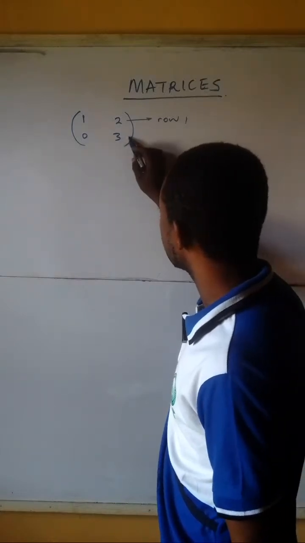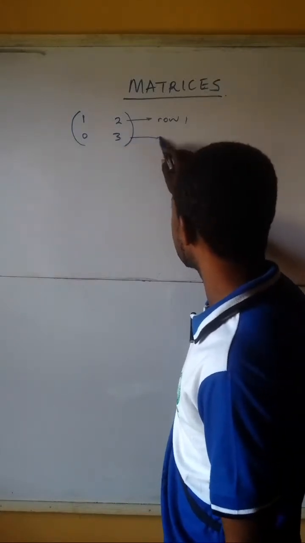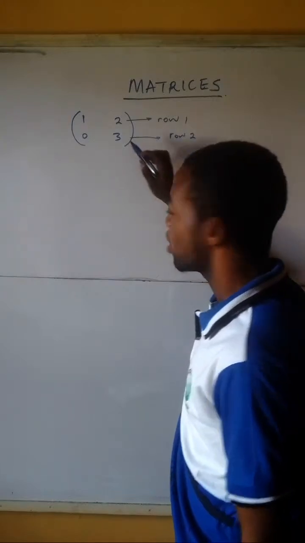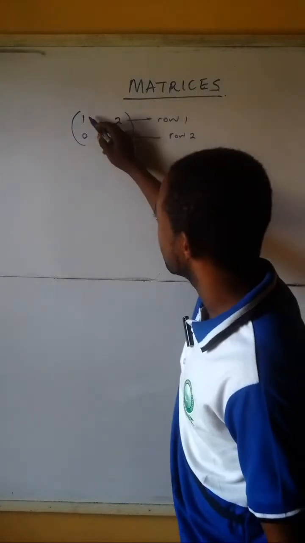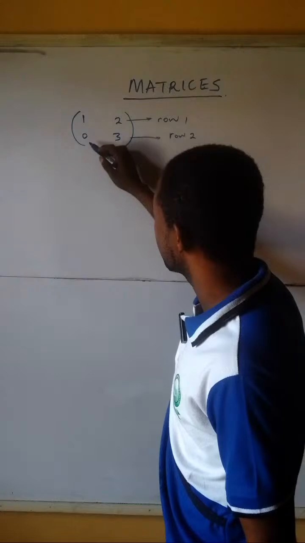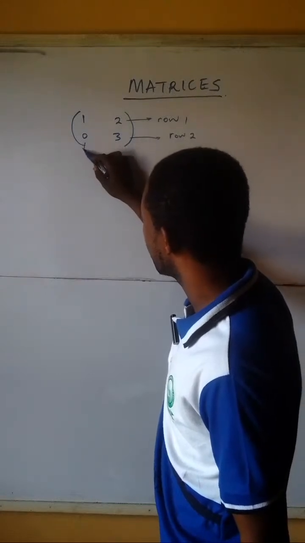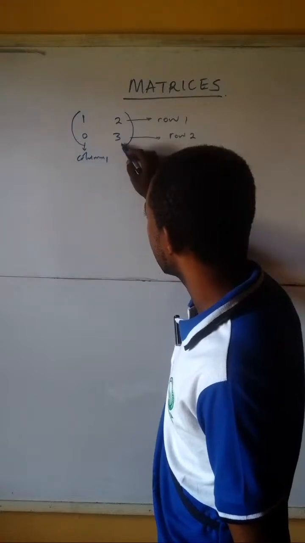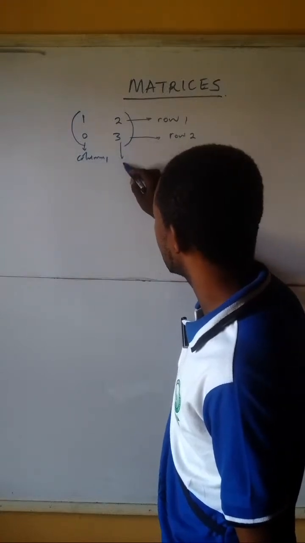Then we have 0 and 3 here as the number in row 2. Then also we have column, that is vertically arranged number is referred to as column. So here we have column 1, and here we have column 2.